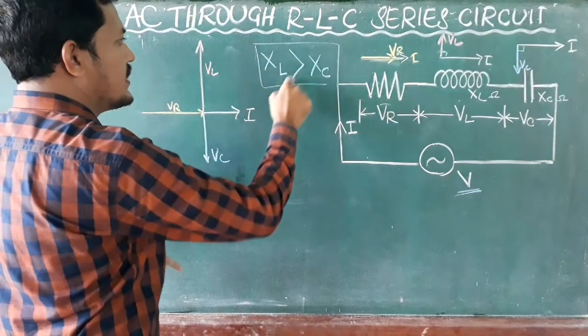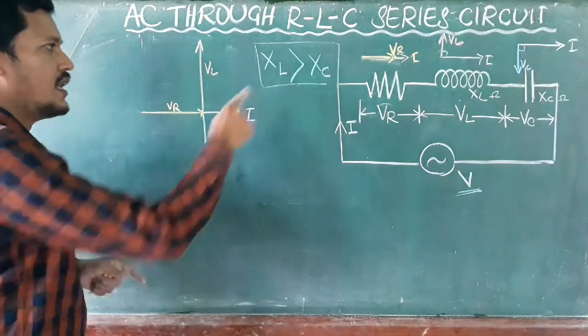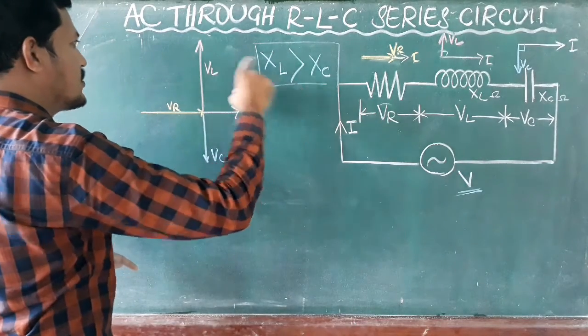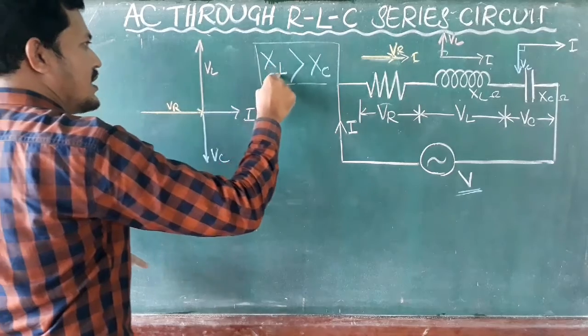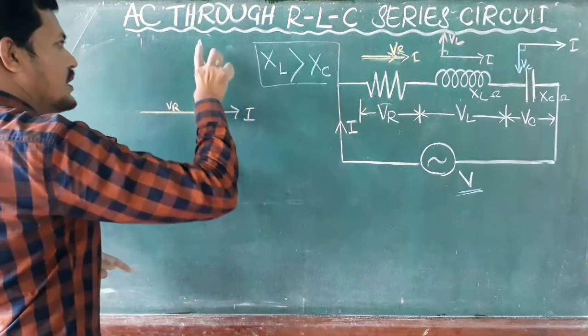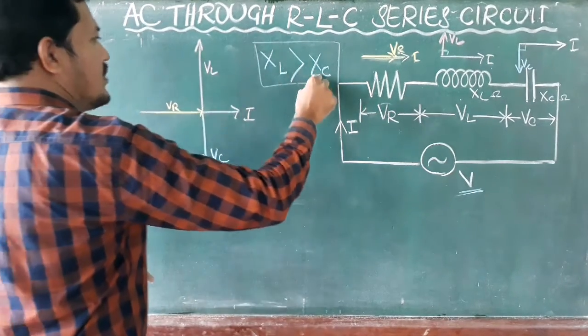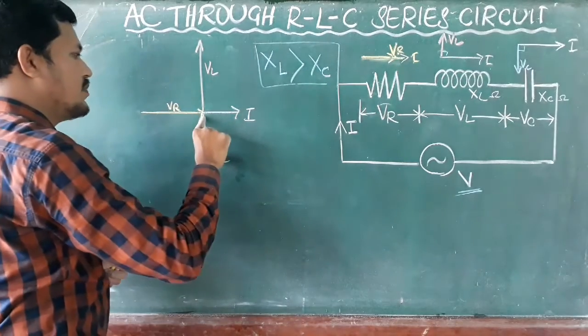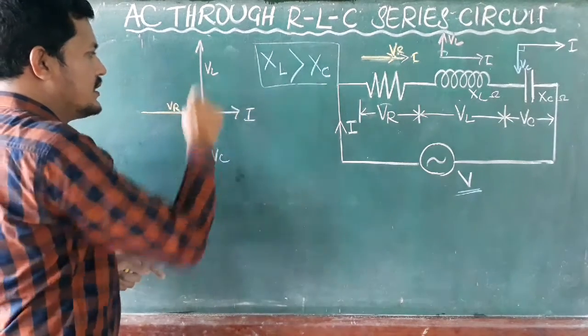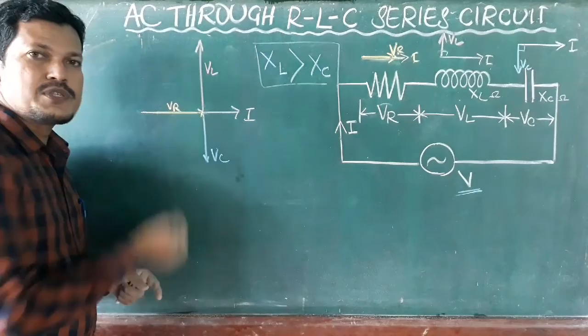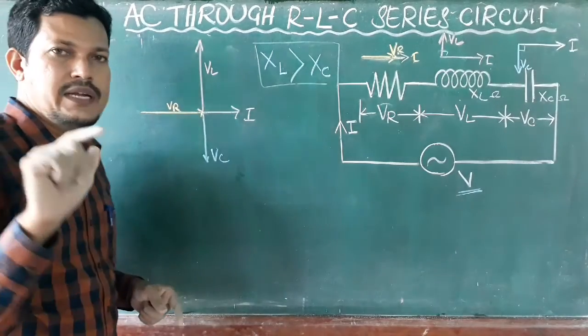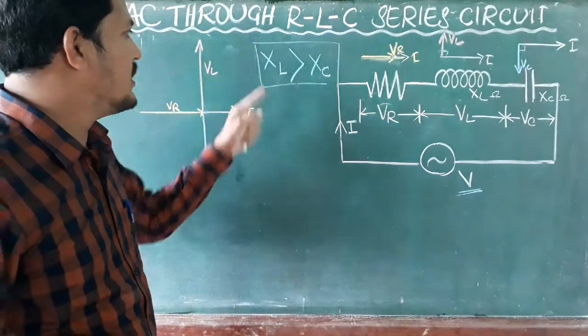XL is greater than XC, so larger value, smaller value. Larger XL means the voltage is also larger; smaller XC means the voltage is also smaller. Both are in opposite directions, so we will get only the net voltage based on their values.